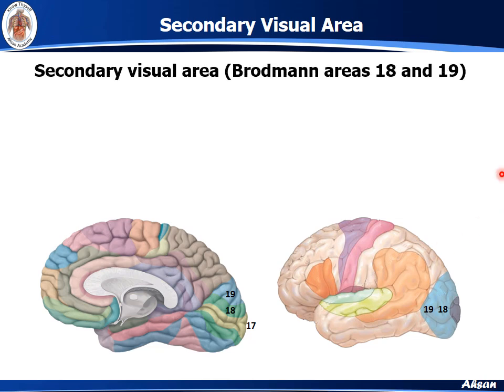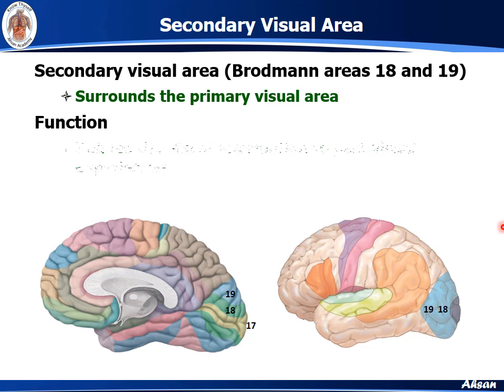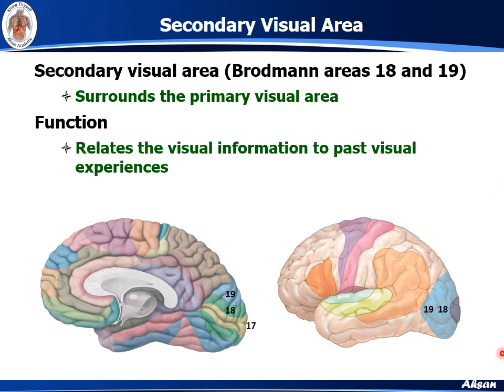Secondary visual area: this area is numbered by Brodmann as area 18 and area 19. Area 18 is closer to the primary area, and 19 is farther away. You can see this is area 17 close to the calcarine sulcus, and a bit farther is 18 and then 19. These two areas are the secondary visual area.